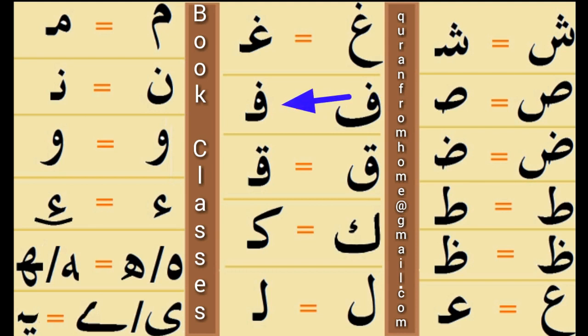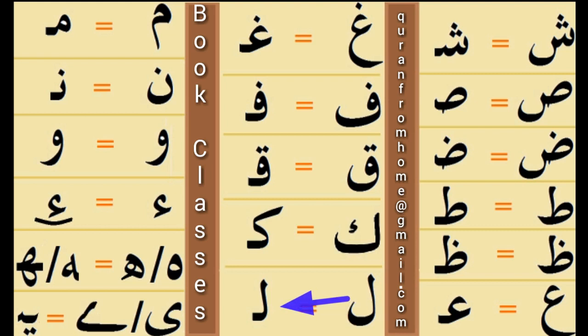Now this is a small fa. A small qaf looks like this. This is a short kaf. It looks very different from the full-size kaf.